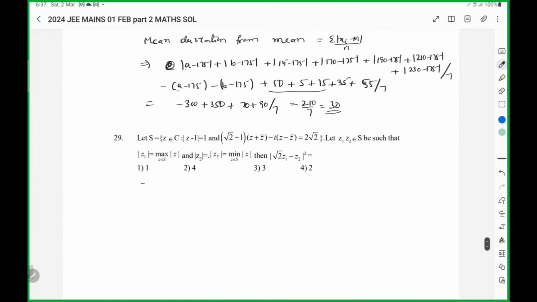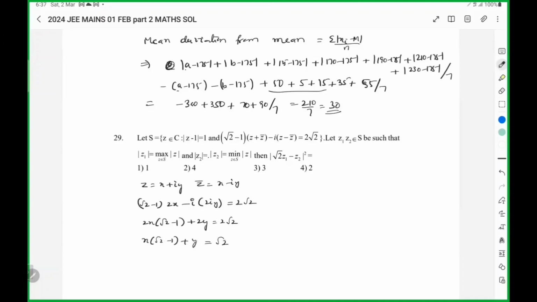Here, if you take Z as x plus iy, Z bar will be x minus iy. So we get 2x minus iy, into 2iy, which is 2x into root of i squared is minus 1. So root 2 minus 1 plus y is root 2.